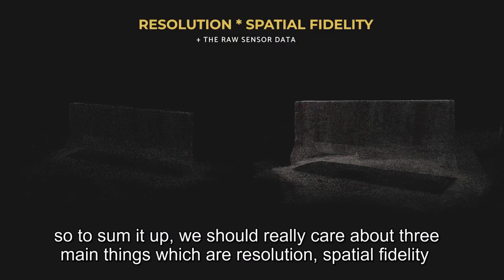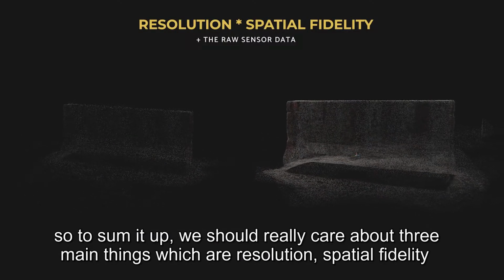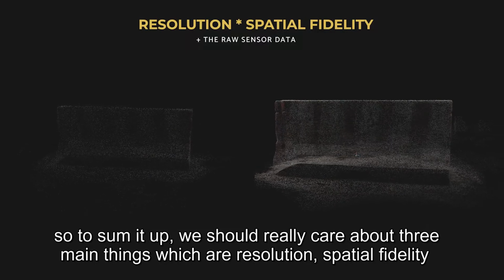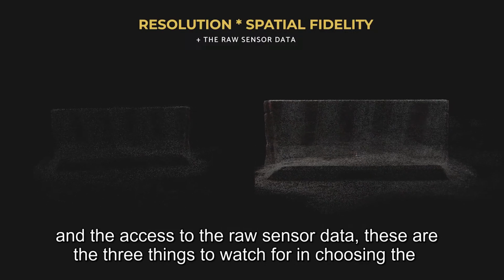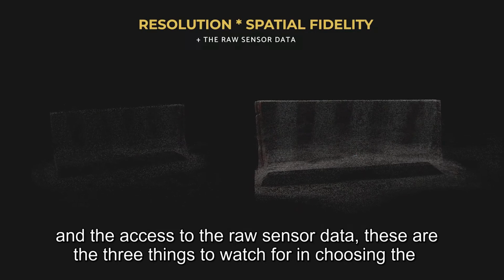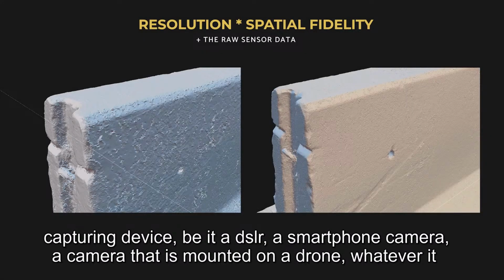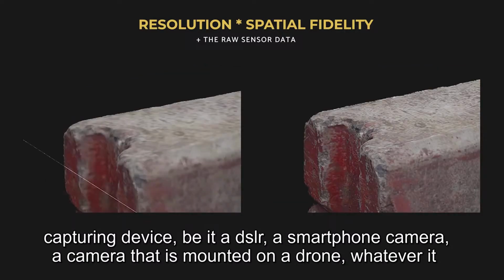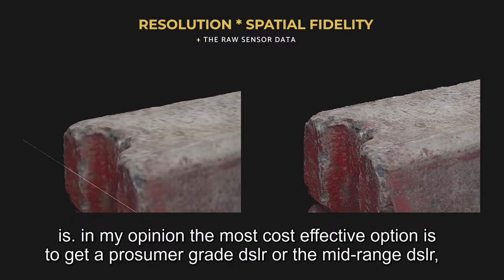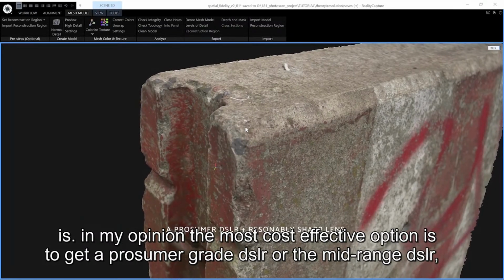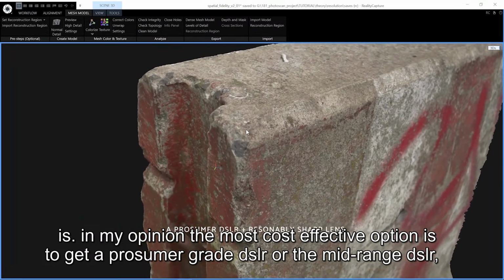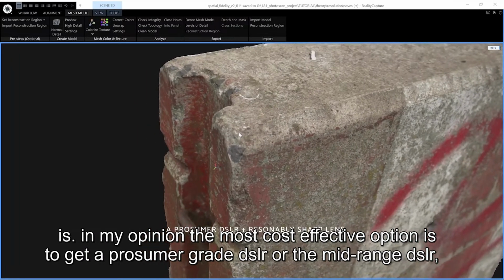So to sum it up, we should really care about three main things, which are resolution, spatial fidelity, and the access to the raw sensor data. These are the three things to watch for in choosing the capturing device, be it a DSLR, a smartphone camera, a camera that is mounted on a drone, whatever it is. In my opinion, the most cost-effective option is to get a prosumer-grade DSLR or a mid-range DSLR.